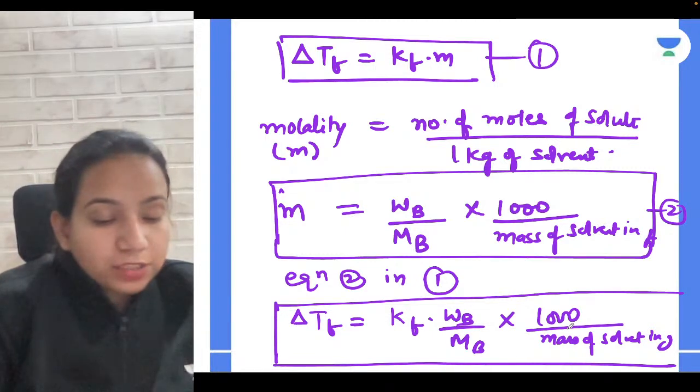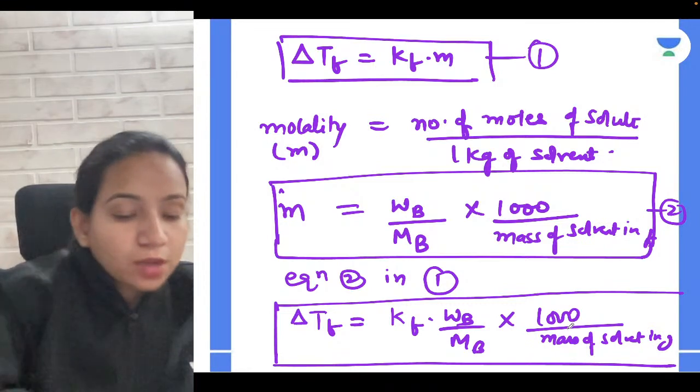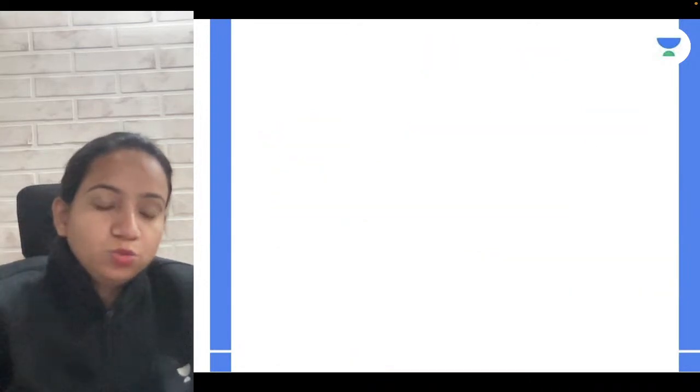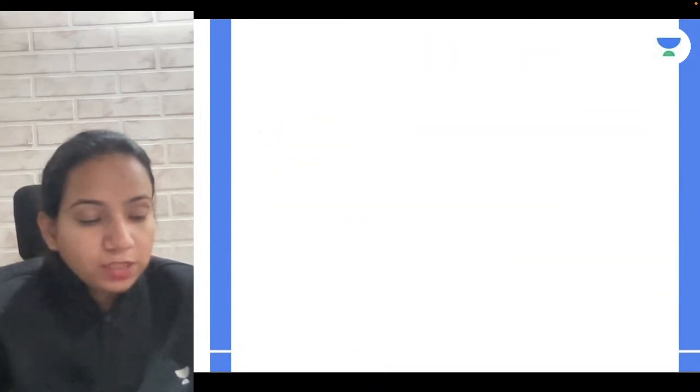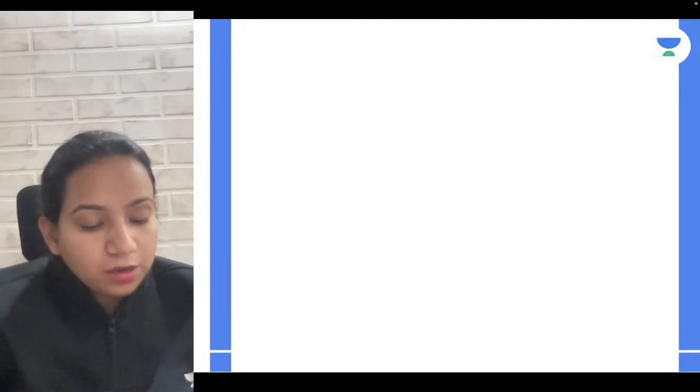But today, first, let's discuss one or two numericals related to these two colligative properties. Let's see who will be able to answer.